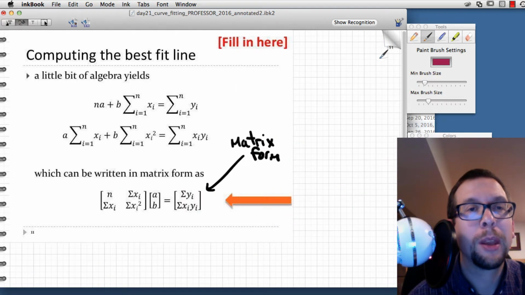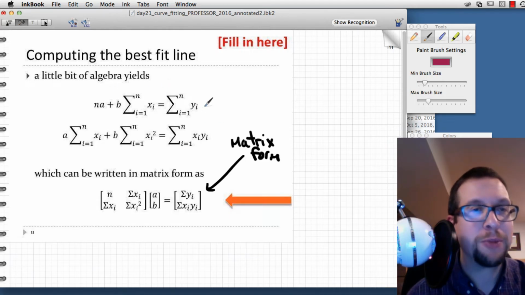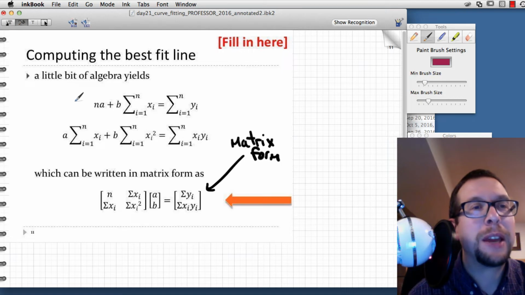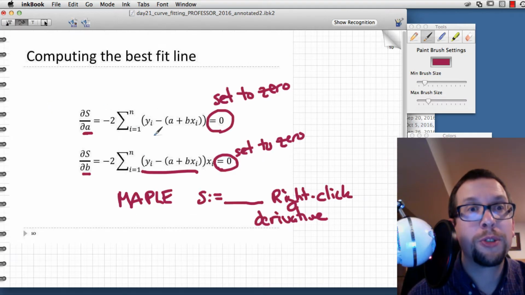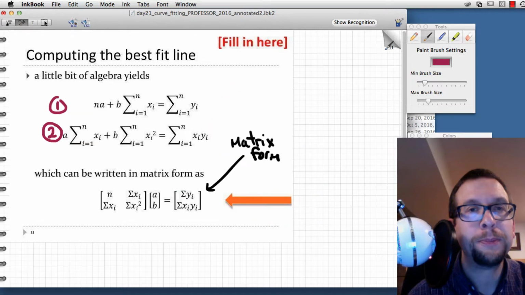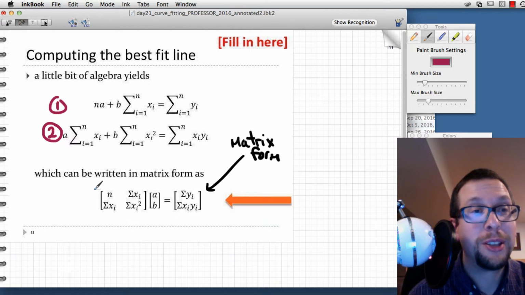Anyway, once you set that up, you do a little bit more algebra. So we wave our hands, we say that we've actually done this, and then you get two equations. You get the first equation like this and the second equation like this that come from those two equations right here, 1 and 2. So you have two equations, and then you manipulate the information so that you reformulate these two equations as matrices.